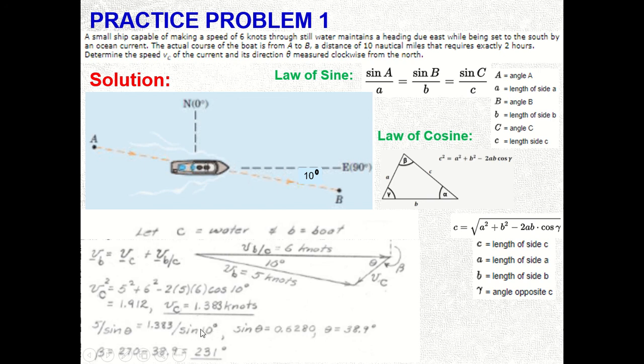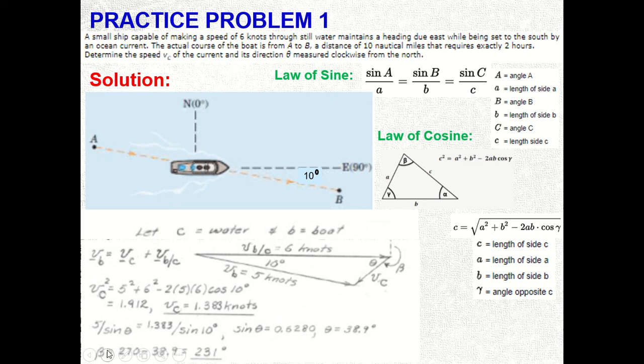In this case, we can solve for sine theta. You can actually use this one without inverting, class. From here, you get sine theta equal to this value. Using your calculator, take the inverse sine of this value, and you get theta equal to 38.9. Okay, so theta is solved: 38.9 degrees.